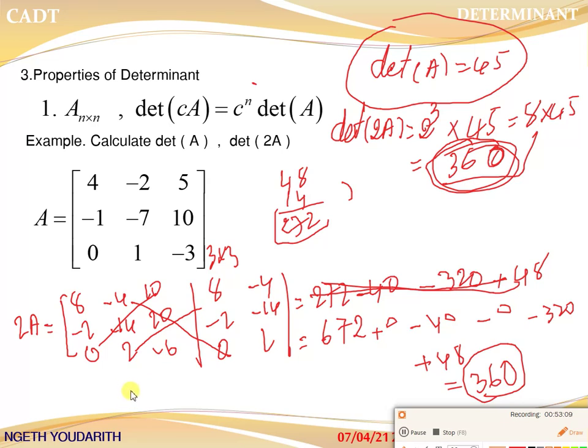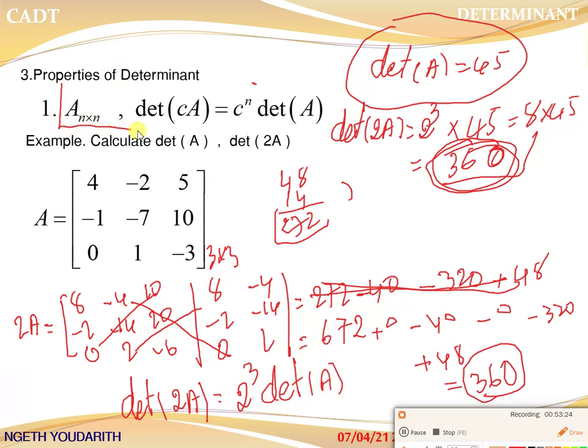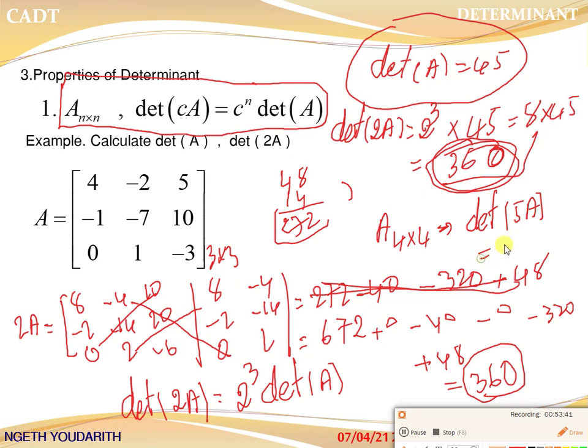So we get determinant of 2A is equal to 2 cubed times determinant A. This refers to the definition of our property. If we have a 4 by 4 matrix, the determinant of 5A is equal to 5 to the power 4 multiplied with determinant A. This is the formula of the determinant.